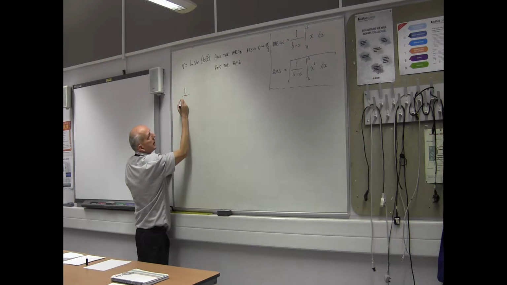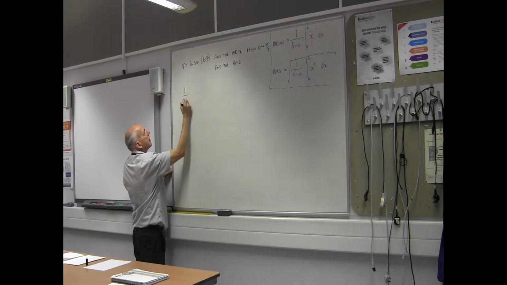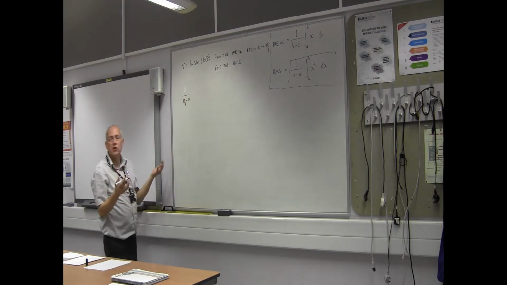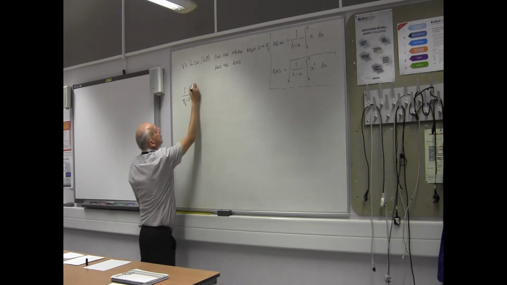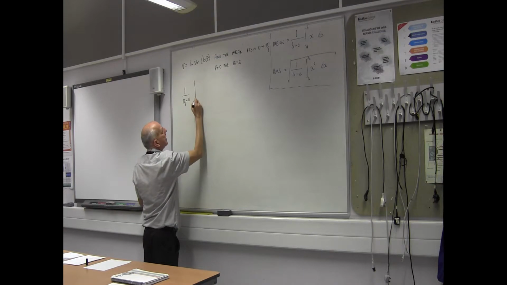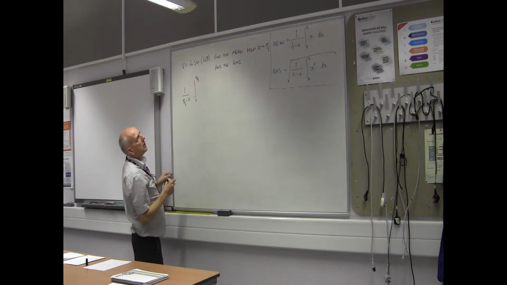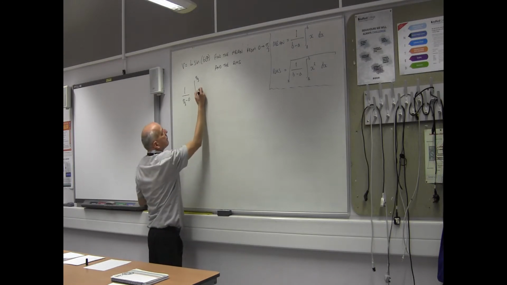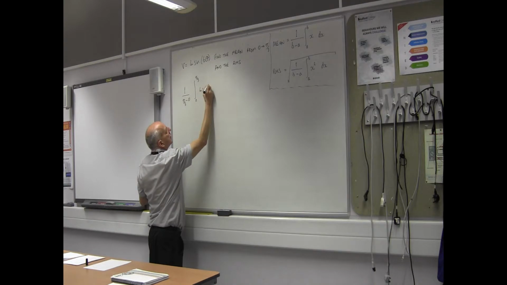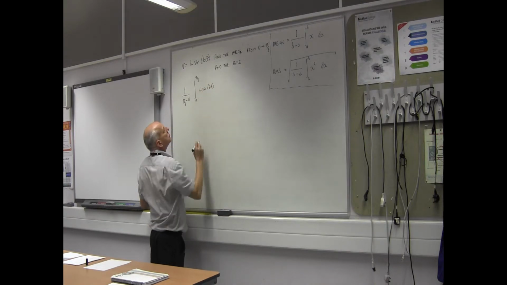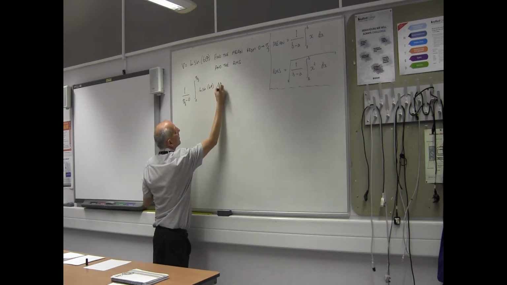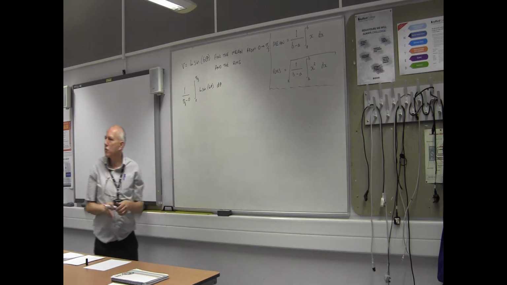So our B value is pi divided by 3 minus 0, which obviously is just going to be pi divided by 3, times, from A to B, 0 to pi divided by 3. And then our formula is 4 sine 6 theta d theta. So we integrate in relation to theta.